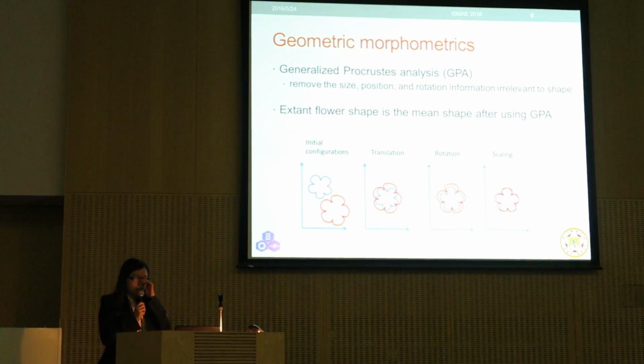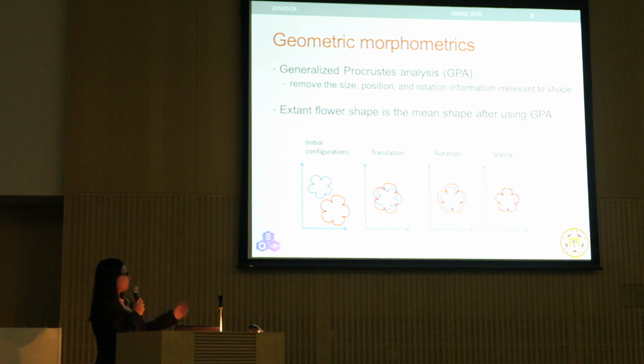Geometric morphometrics. We use generalized Procrustes analysis to remove various irregularities in shape. We can look at the picture. There are two flowers, and after translation, their centers are the same.